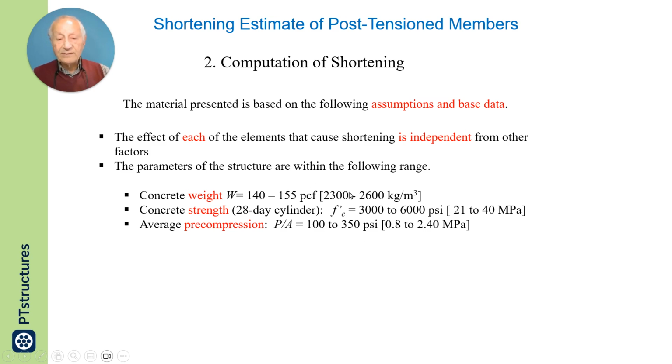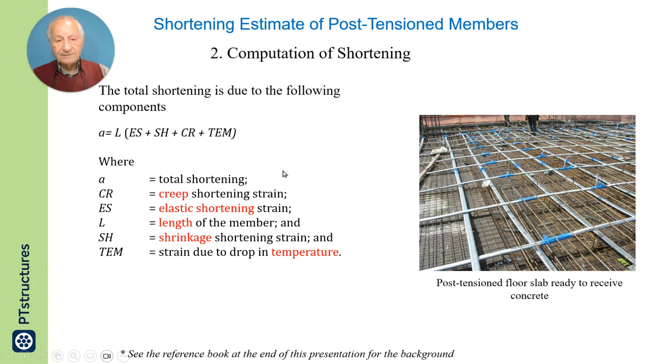This is the weight of it, this is the strength of it, and this is the average pre-compression. Now, if what you're using is different from this, which mostly will be, in the following there are instructions how to take care of the variation.